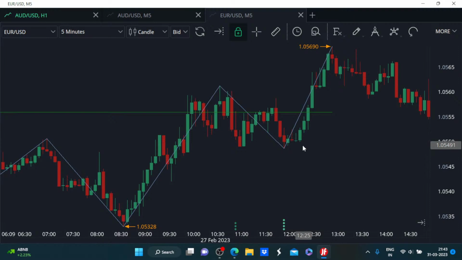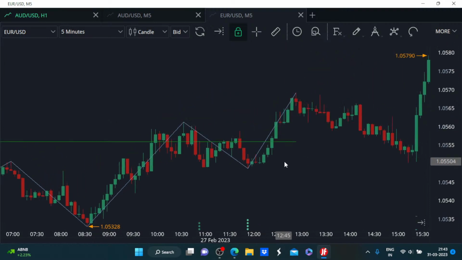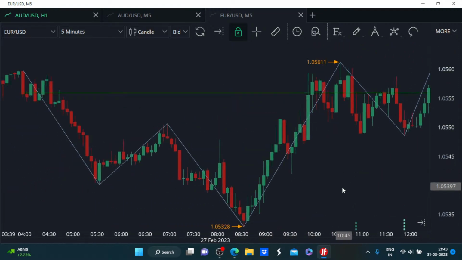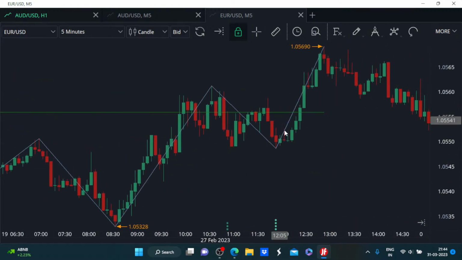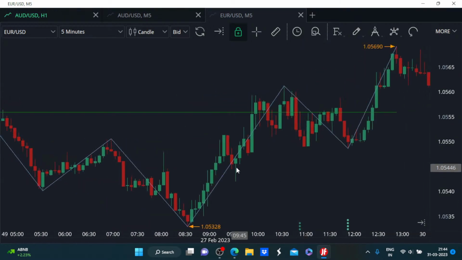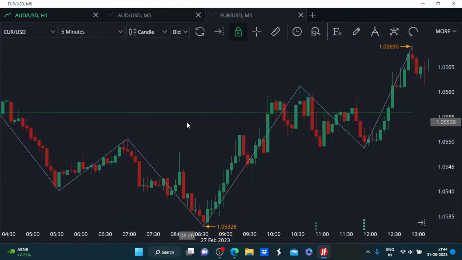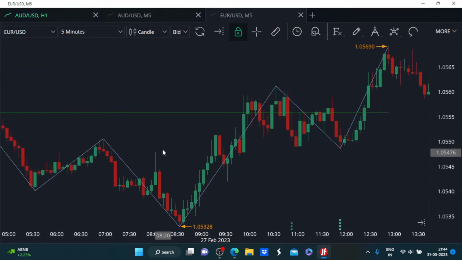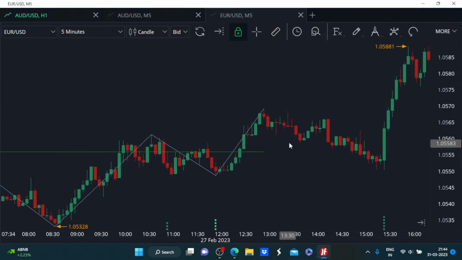So there is additional confirmation of the buyers starting to gain the upper hand. Now in this case, we saw that the price went on to rise above this horizontal line, which is drawn simply by joining these recent highs, and then it was able to sustain around those levels for a good amount of time.